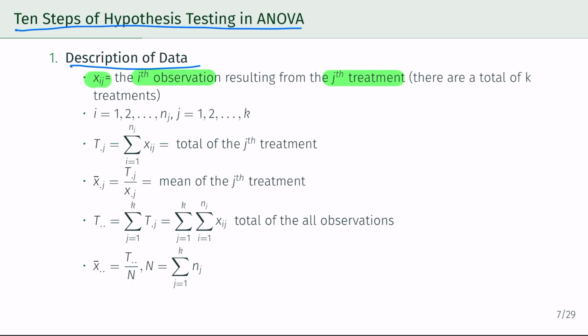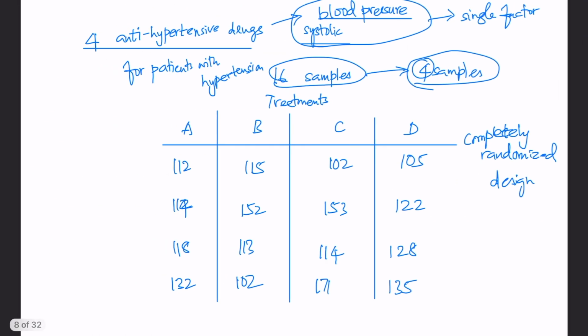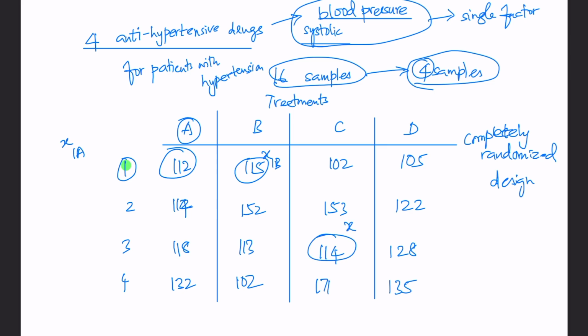The best example of looking at this would be, let's say, sample 1, 2, 3, 4, right? So we would call this X1A, the first sample with A treatment. This would be X1B, the first sample with B treatment, first sample with C treatment. This would be, for example, X of the third sample with C treatment, right?